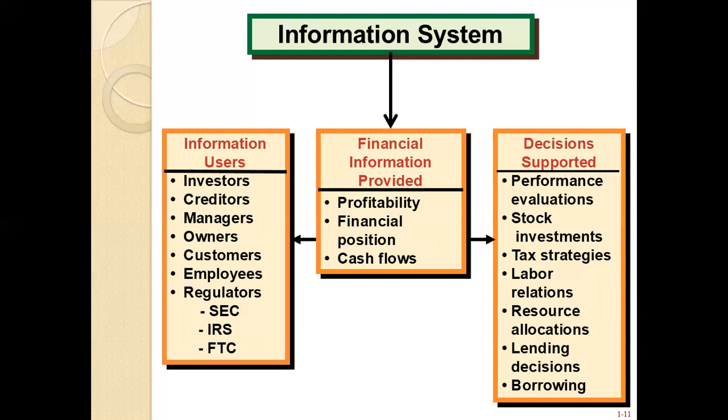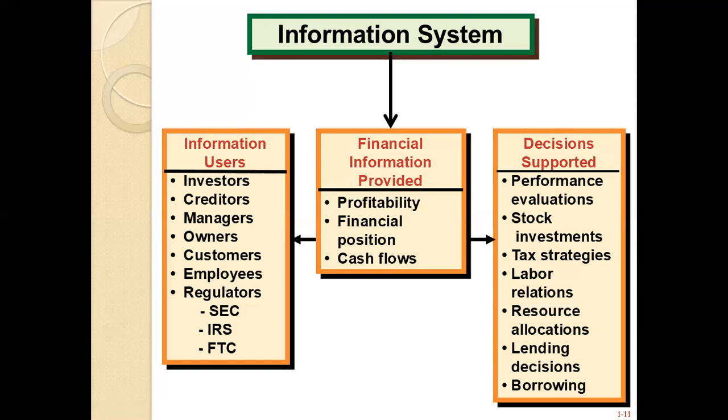Performance evaluation, and the second thing is stock investment: how much stock is available and how much new stock you want. Then tax strategy: you can take decisions about the tax strategy. Labor relationship, resource allocation, lending decision, borrowing decision, and whether the company is unable to take a loan from the bank.